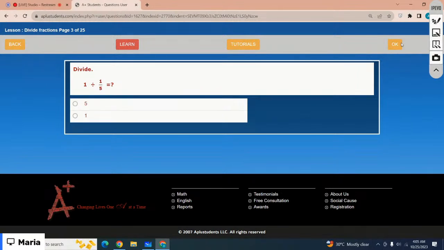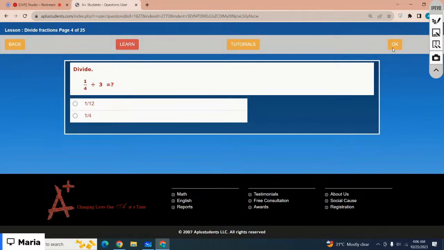So which is the correct option? Yes, that is 5, very good. The correct option is 5.